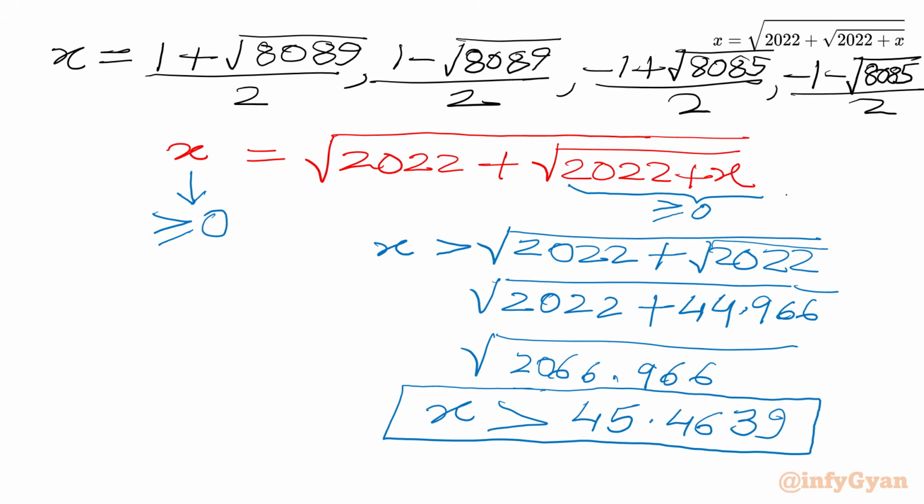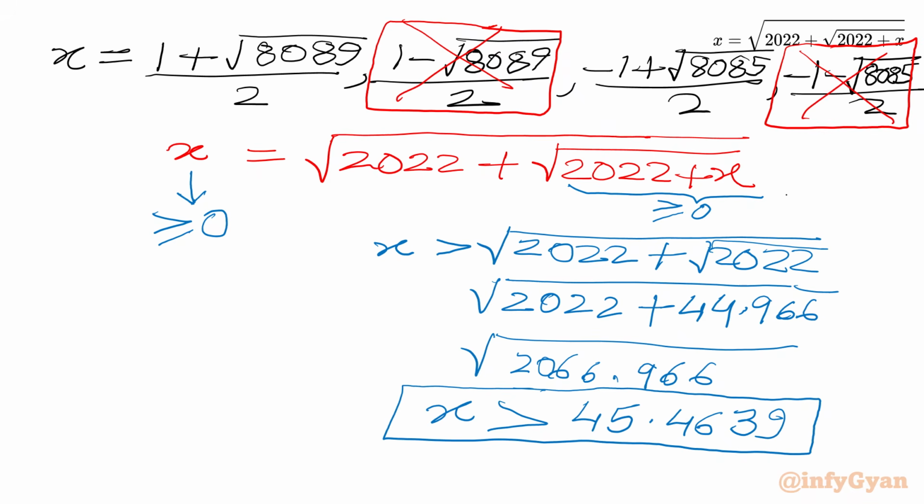So first of all, we will reject the second and last solution. Why? Both are negative. These two solutions we will reject immediately since they are negative values. Now we have to find the decimal value of 1 plus square root 8089 over 2. So its approximate decimal value is 45.4694.